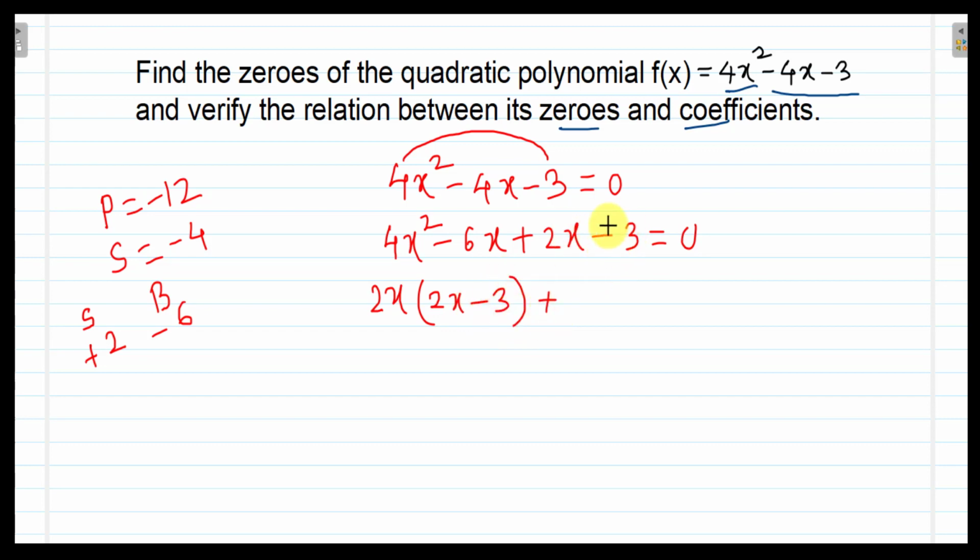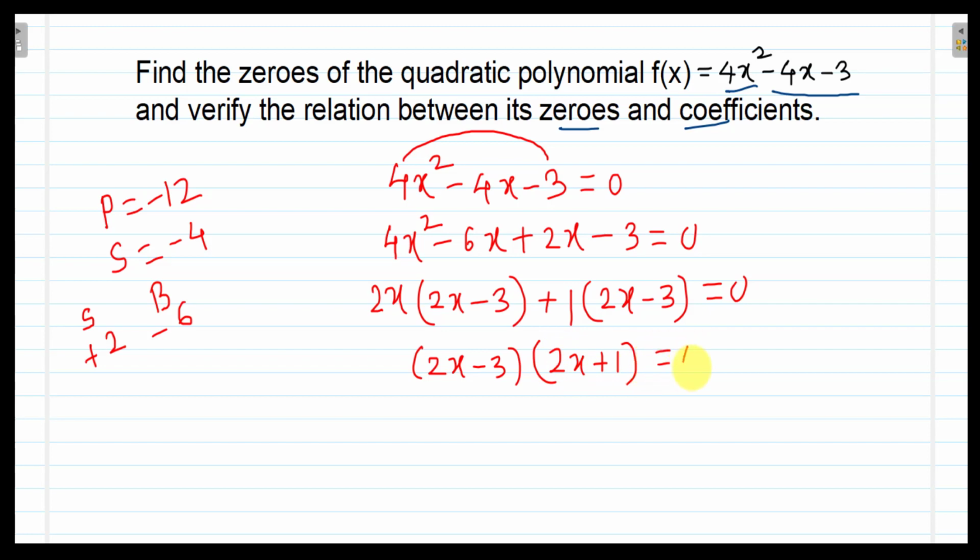From the other two terms, since there is no common factor, we take out 1 as a common factor, so inside the bracket it will be 2x minus 3, which is equal to 0. Now 2x minus 3 is again a common factor, and inside the bracket it will be 2x plus 1, which is equal to 0.